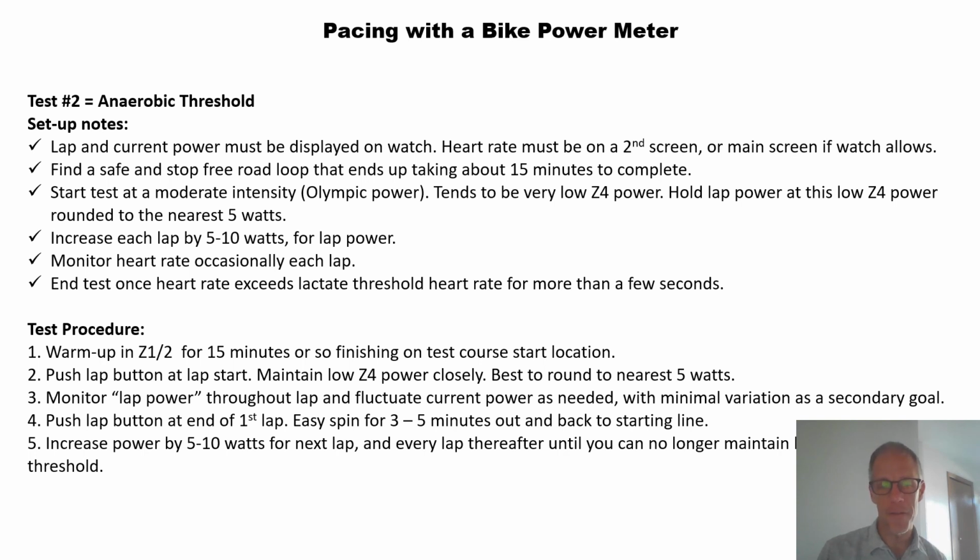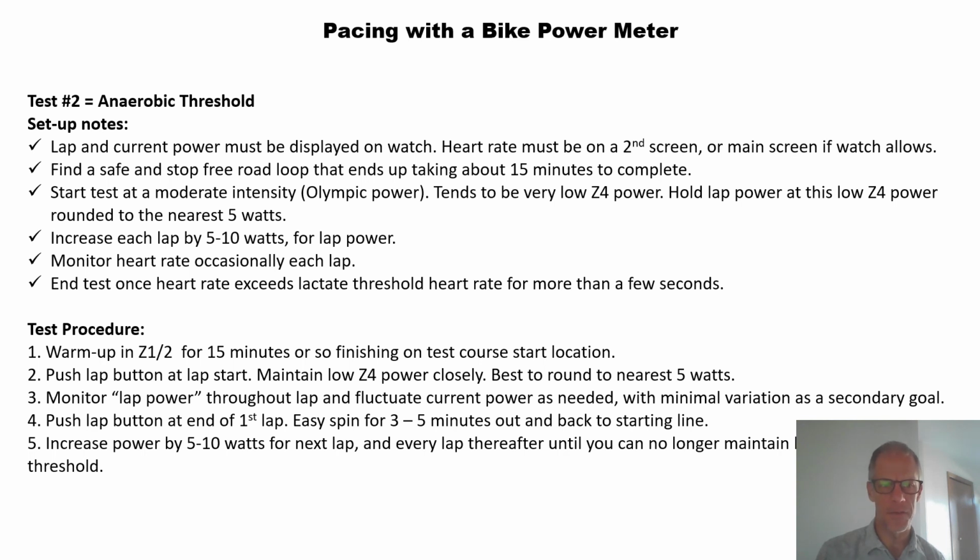Increase each lap by 5 to 10 watts for lap power. Monitor heart rate occasionally each lap. End the test once the heart rate exceeds lactate threshold heart rate for more than a few seconds. And hopefully you know that number well. It's entered into TrainingPeaks. It's something that my athletes would have established by prior testing.